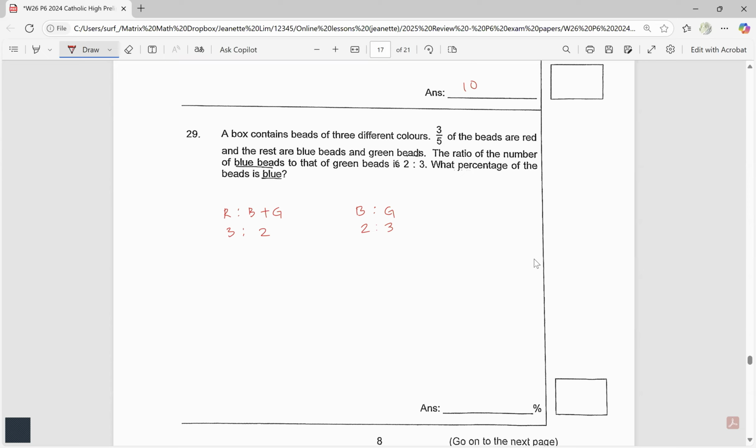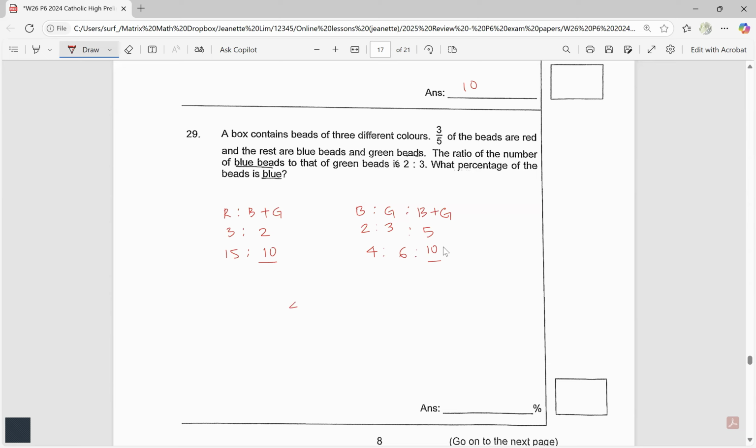Common base, the common base would be the total of blue and green, which would be a 5 here. So we try to make the same. 2 and 5, common multiple, 10. So there's 4, 6, and 10. So what percentage of the beads is blue? You want blue over total.